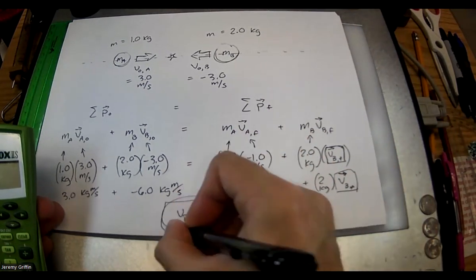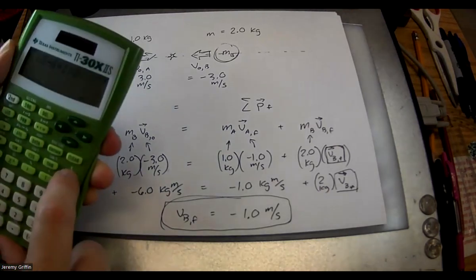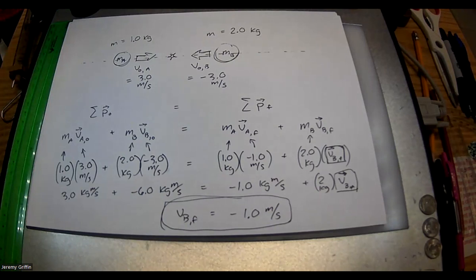Wait, double check that while you guys are checking yours too. 3 minus 6 plus 1, all divided by 2 kilograms. Yeah, -1 meter per second. So that working out on your paper too, you guys get one of the multiple choice answers. It's all good.